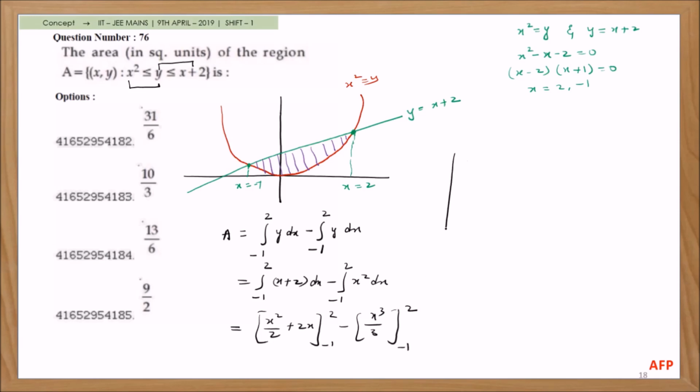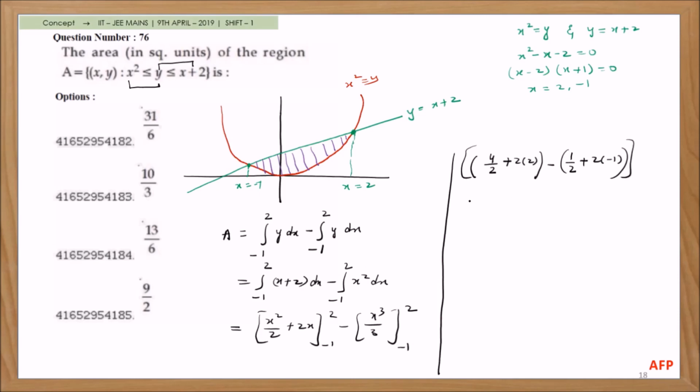So we go for further simplification here. You will substitute here. First one 2, if you substitute, 4 by 2 plus 2 into 2 you are getting minus 1 by 2 plus 2 times minus 1. So this is the first one we have substituted.